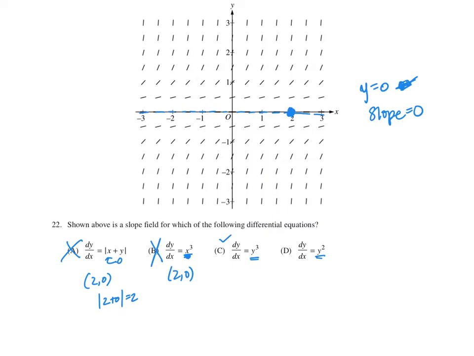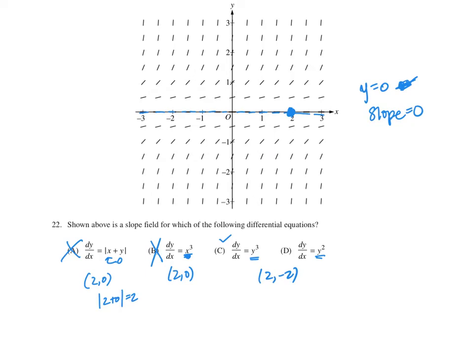I'm just going to pick an arbitrary point because one exponent is odd and one exponent is even. If my y is negative, I'm going to go ahead and pick the point 2, -2. That slope here appears positive, and I just drew all over it, so let me show you.